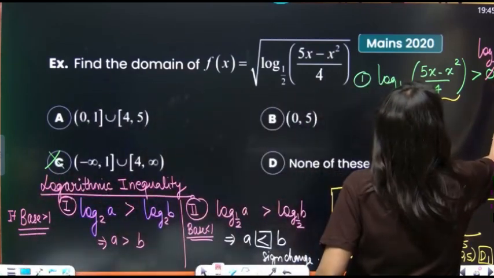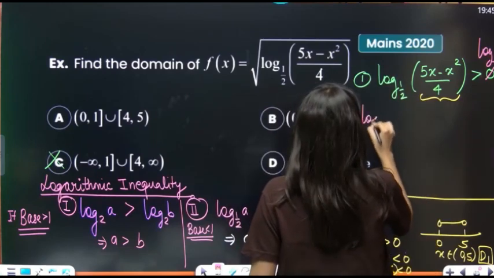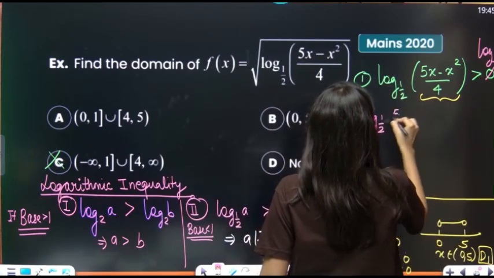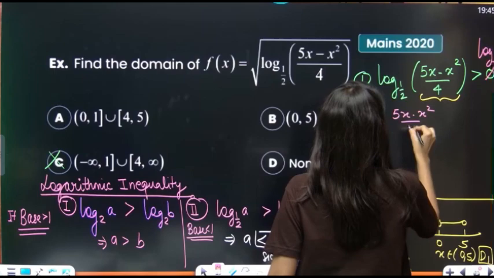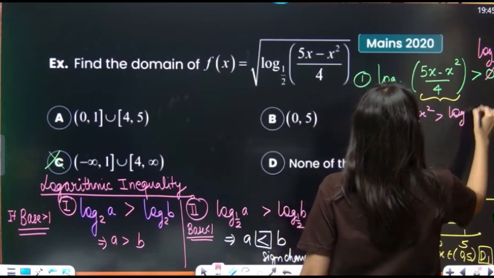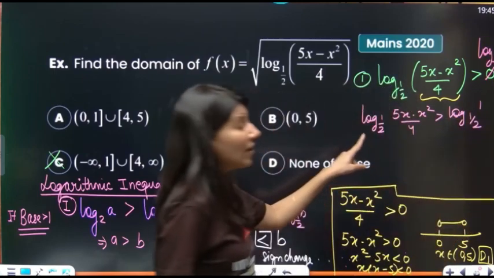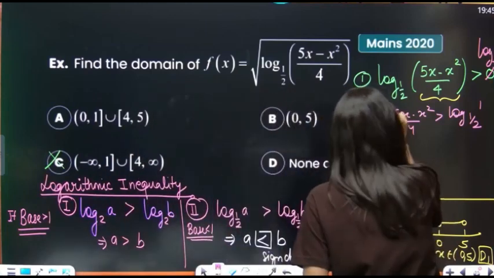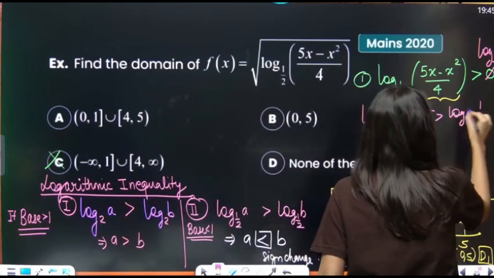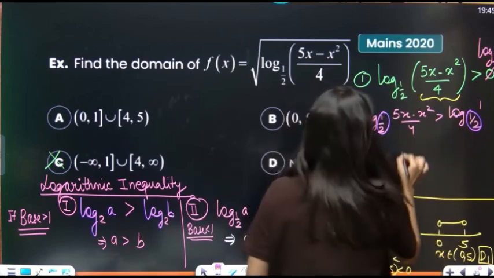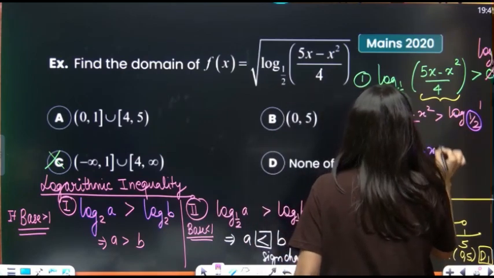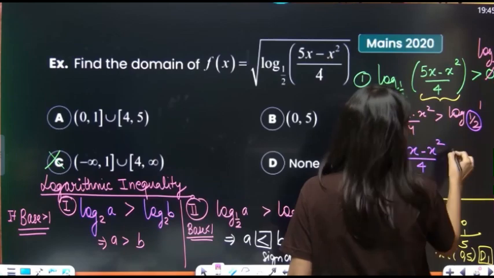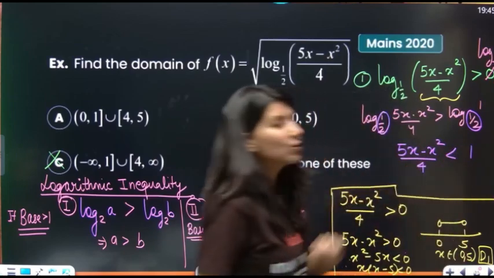So I can apply base half over here. Now your function becomes log half of 5x minus x square by 4 greater than log of 1 to the base half. Now remember, when the base is less than 1, you can remove log from both the sides. So 5x minus x square by 4 less than 1. Now you have to solve this.